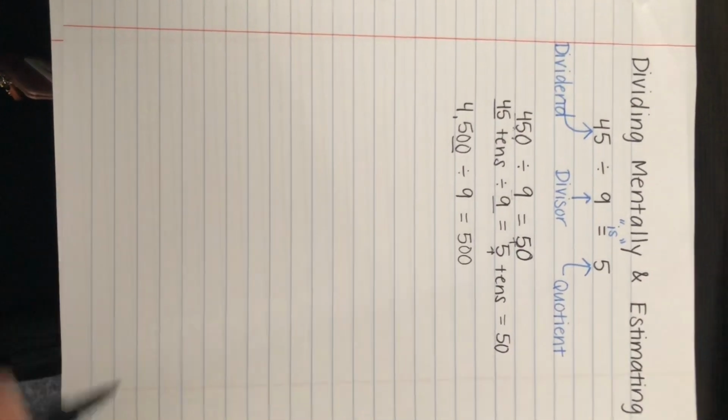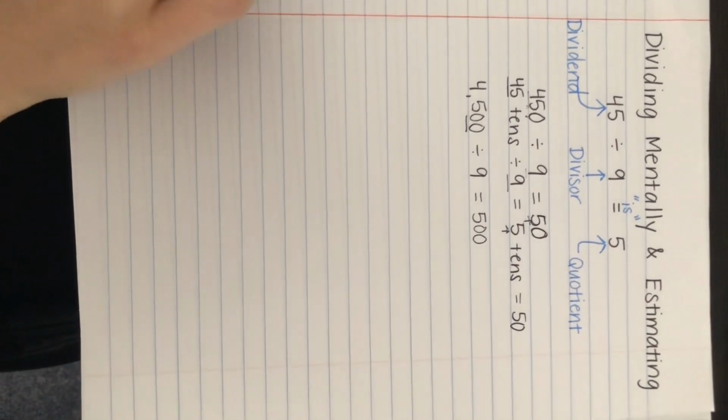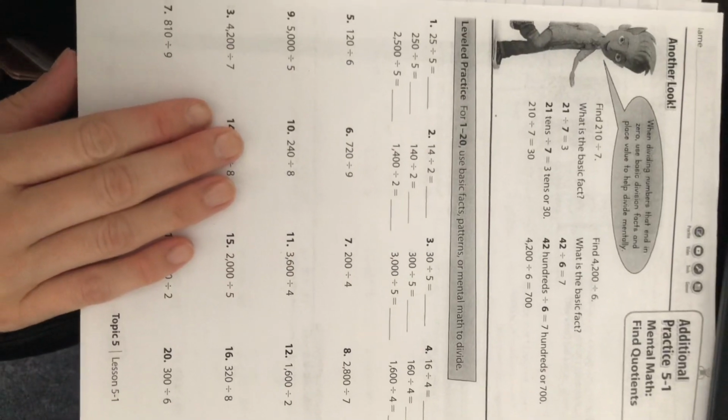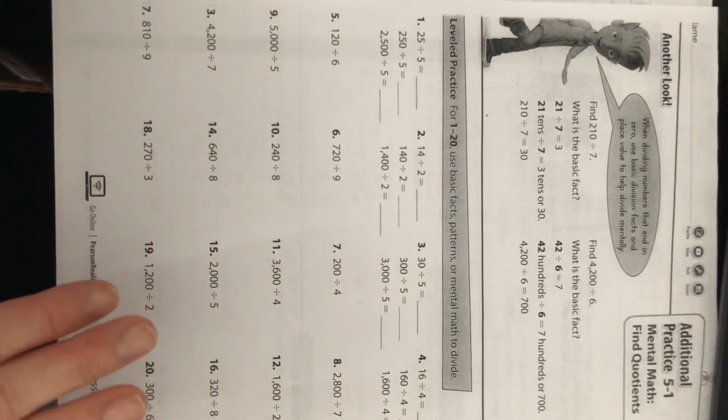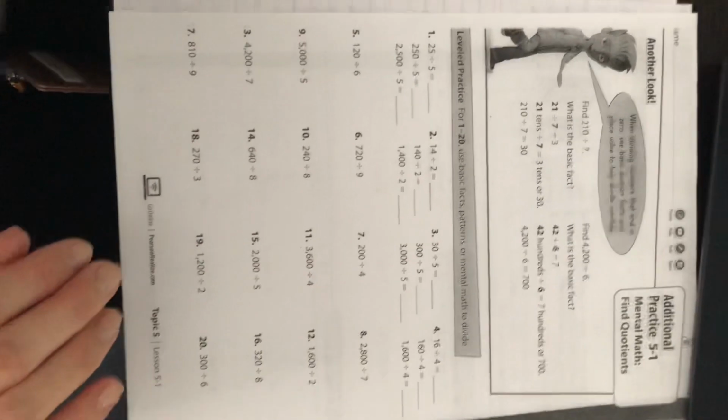So if we are looking at our additional practice, which was the classwork portion of today, we did 5-1, and we were looking at just the odd numbers because the evens are going to be for homework.